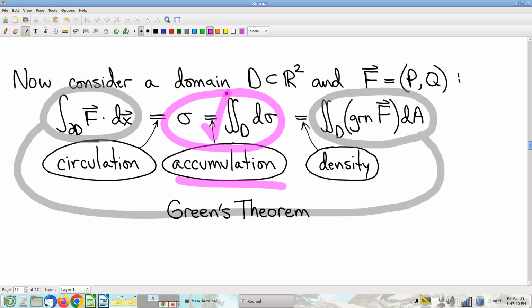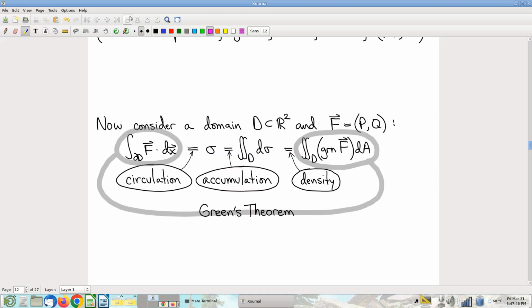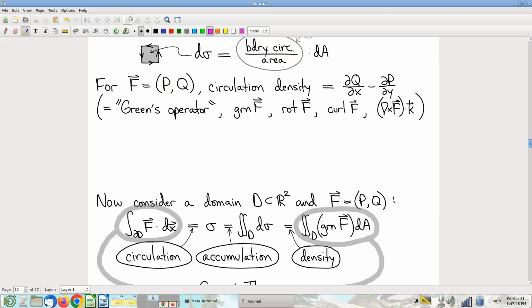Okay, with that done, we have this idea of density up here, and I have to zoom out so this will fit in. We have this formula up here that tells me what d sigma is. It's circulation per unit area times area.